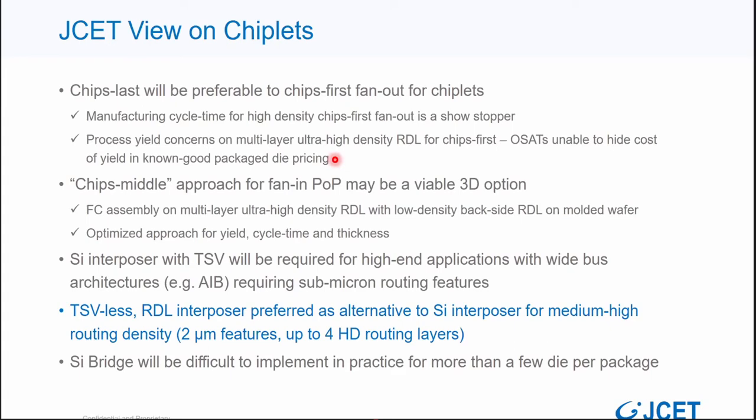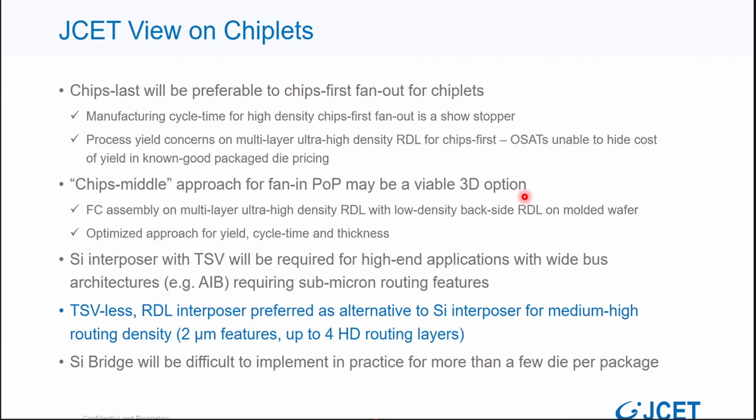Then the chip middle approach in fan-in POP may be another viable 3D option, with FC assembly on multi-layer ultra high density RDL with low density backend RDL on the mold wafer. Somehow we call it a fan-out interposer.